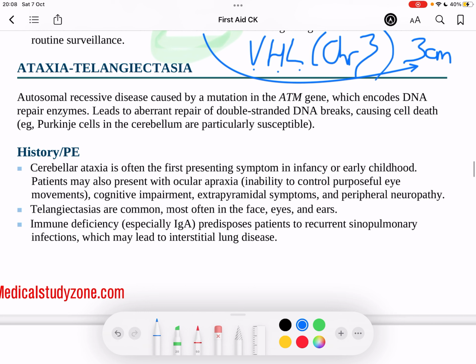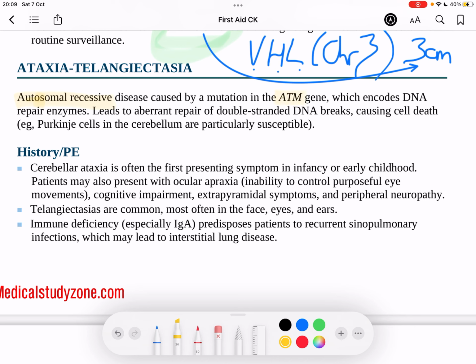Good. And then finally, to finish off the neurocutaneous disorders, I'm going to be discussing ataxia-telangiectasia. So ataxia-telangiectasia, unlike the others, is autosomal recessive, and it's due to a mutation in the ATM gene, and this is part of DNA repair.